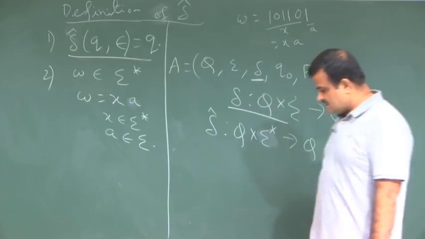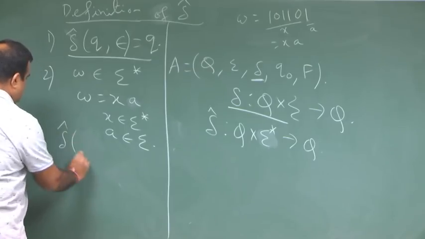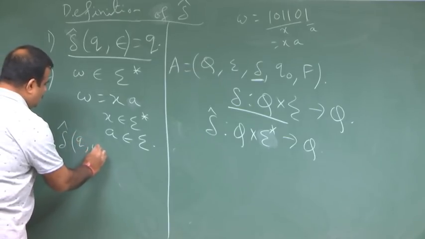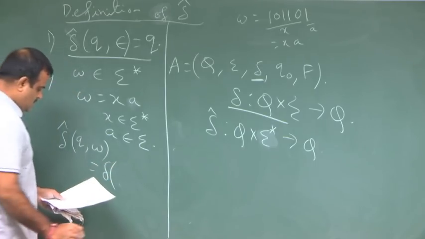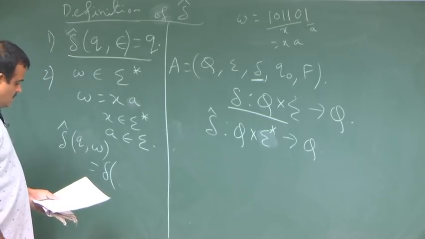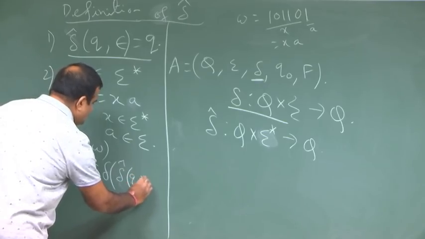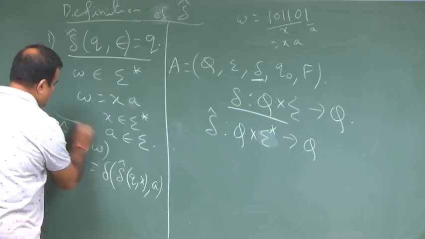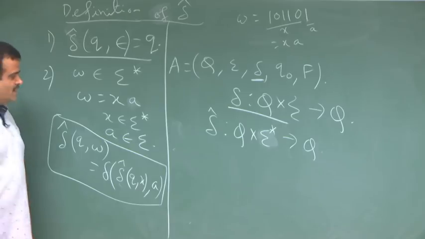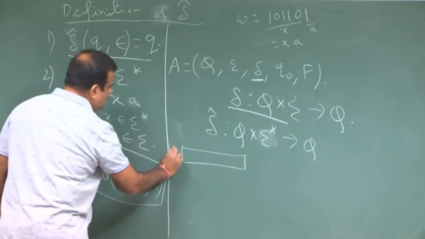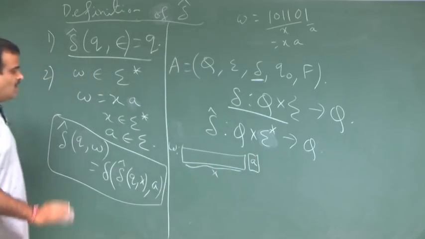So, how do we define delta hat on this? Delta hat of q, W, where we start from a state q on W, is defined as delta of delta hat of q, x, then A. This is our W, this is our x, and we have a last symbol which is A. Now, we have a rule for A.